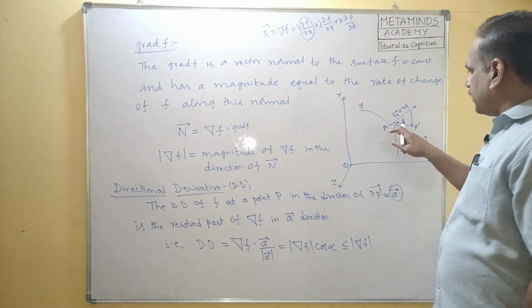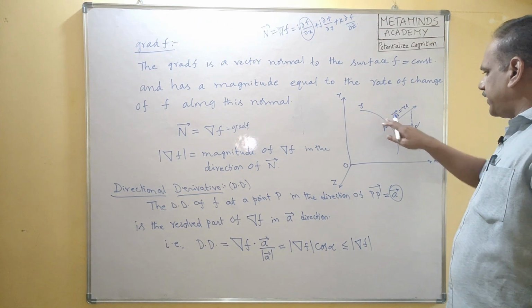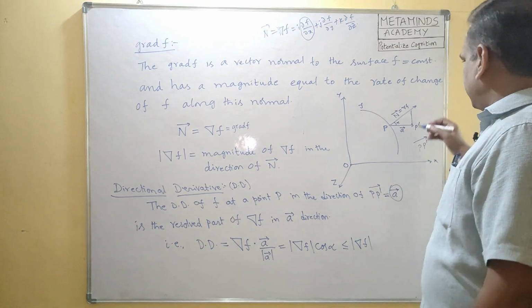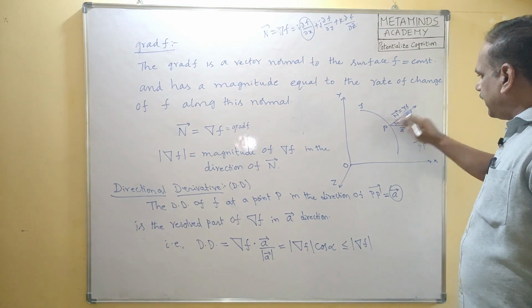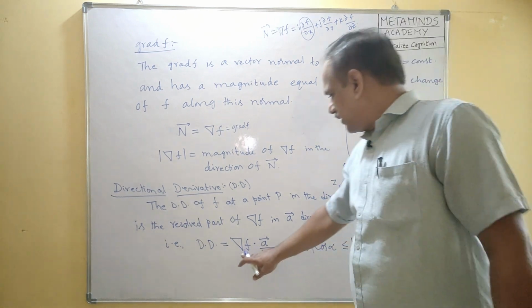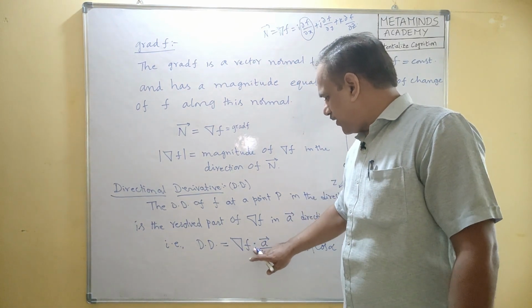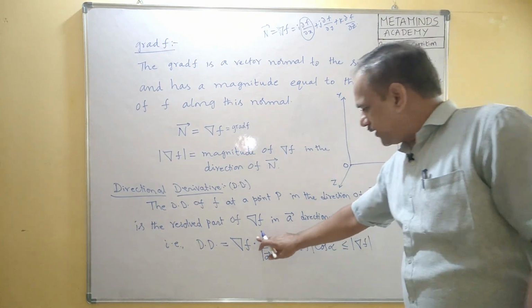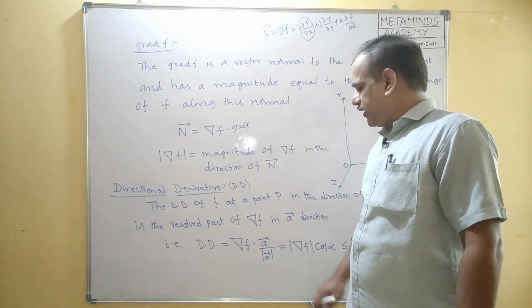Then if you want to find the directional derivative of f in this particular direction, you have to take the projection of del f on this vector, which means the directional derivative is del f dot a bar by mod a bar, which is nothing but the unit vector a cap in the direction of a bar.